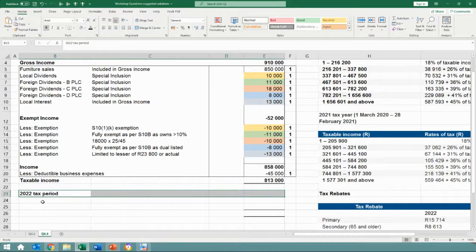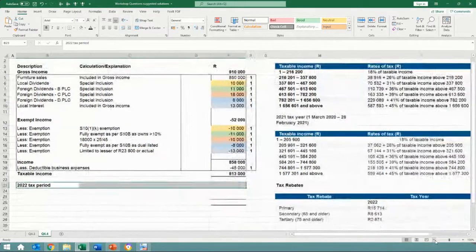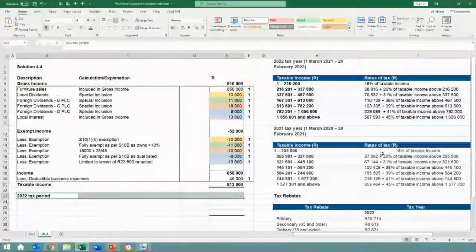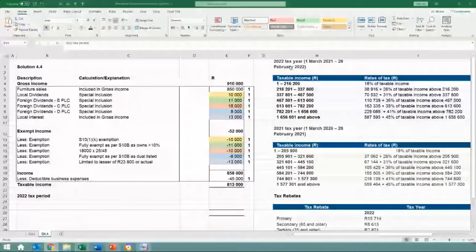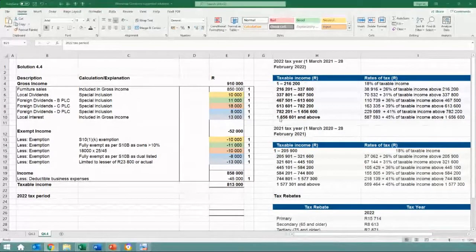If we do the 2022 tax year, let me just make this smaller so you can see the tax tables. For the 2022 tax period, the taxable income is a sliding scale here at the bottom because we use the individual tax rate. In this scenario, we have an amount of 813,000.